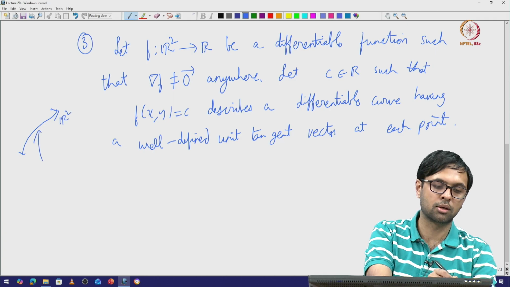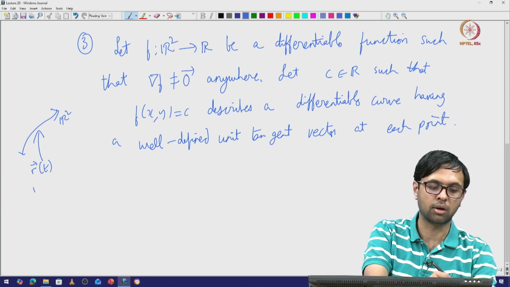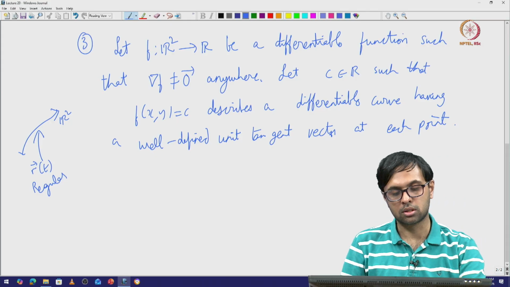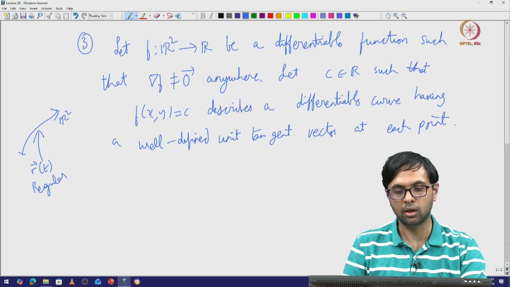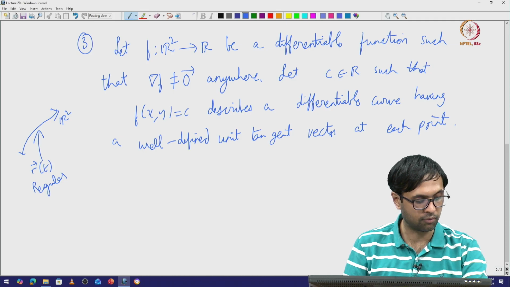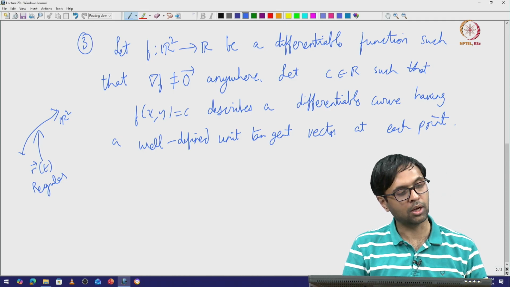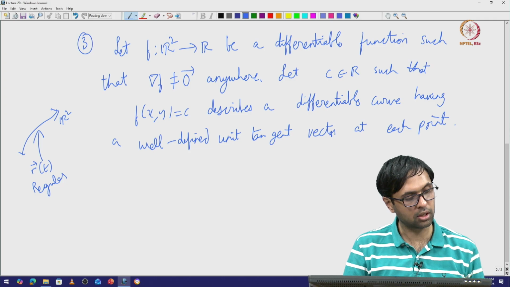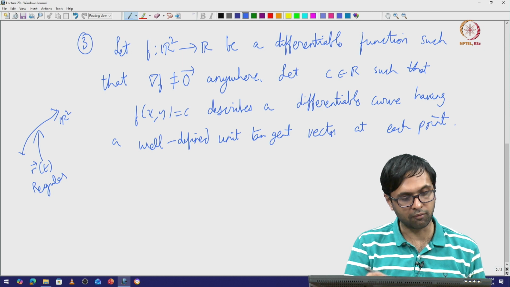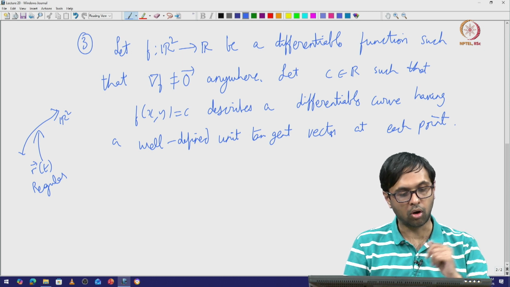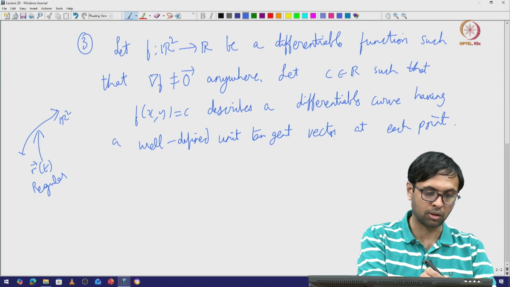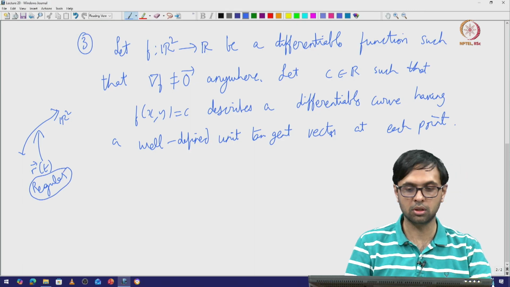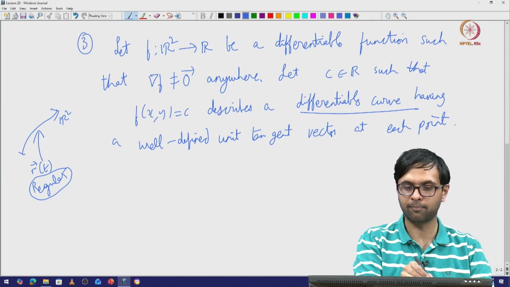I am saying it's the image of a path r of t which is regular, and so it is differentiable and it's regular, so it has a well defined unit tangent vector at every point, right. What does that mean? That means that you can divide by the norm of the velocity. I mean that's where this assumption is used. Okay, that's what this means.